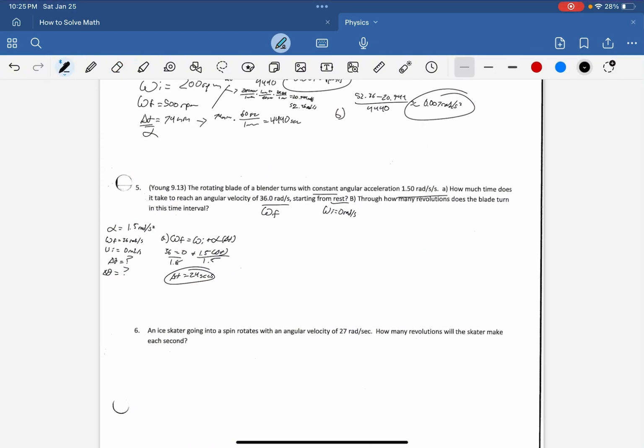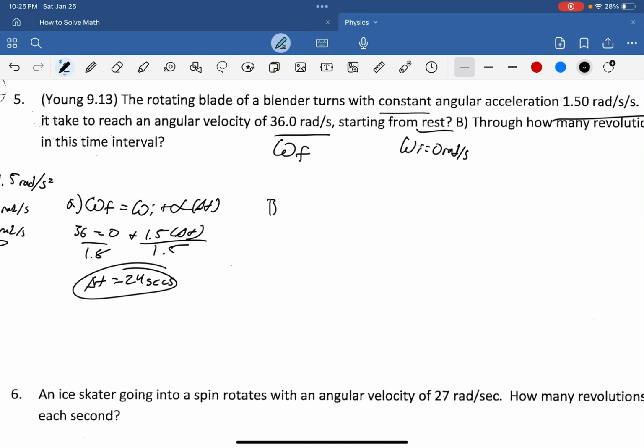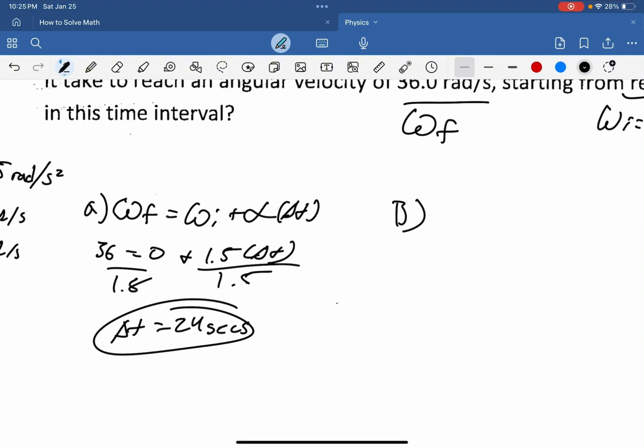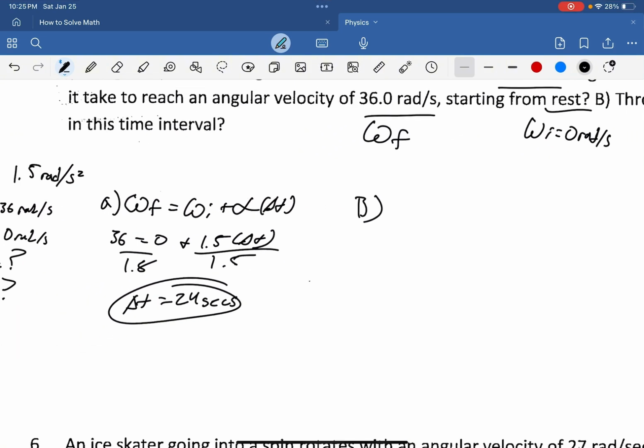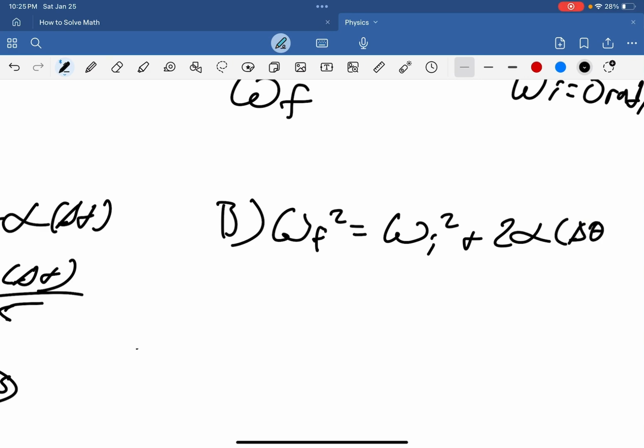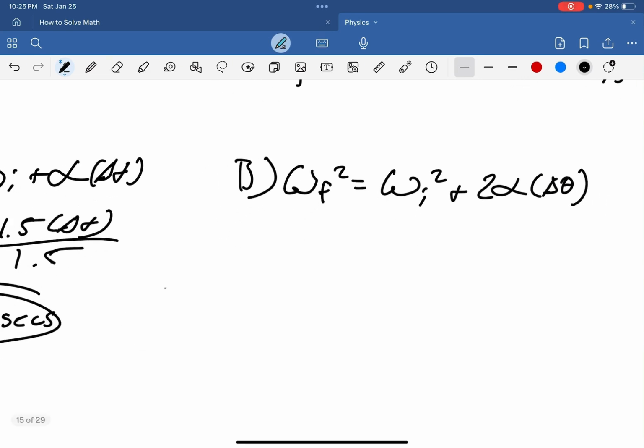B is now what I was actually trying to figure out here. So we could use either one. Actually, let's test that out. Omega F squared is equal to omega I squared plus 2 alpha change in theta. Let's see if this would actually give me the exact same answer.